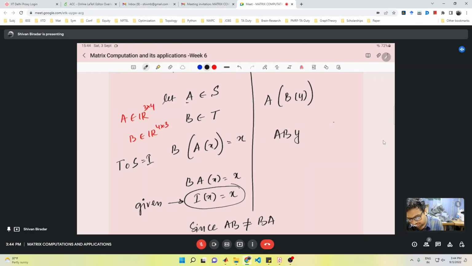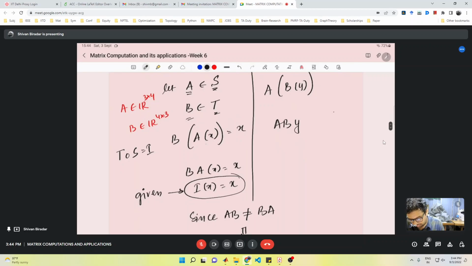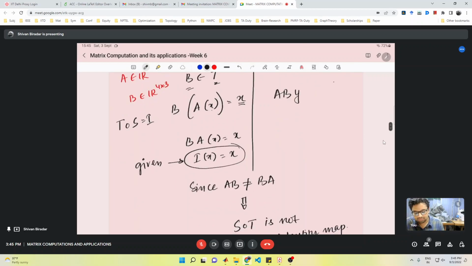Let us say that A is from S and B is from T. First A, which belongs to S, is operated on X, and then B, which belongs to T, is operated on A of X, which gives us the same vector X. So basically BA into X would be X, and BA is equal to I.